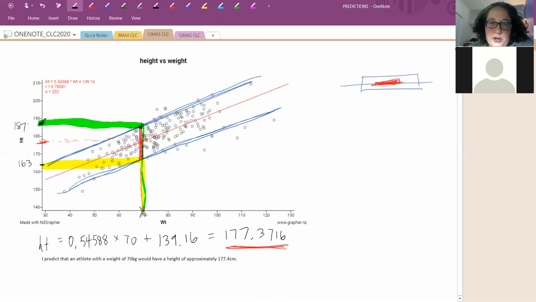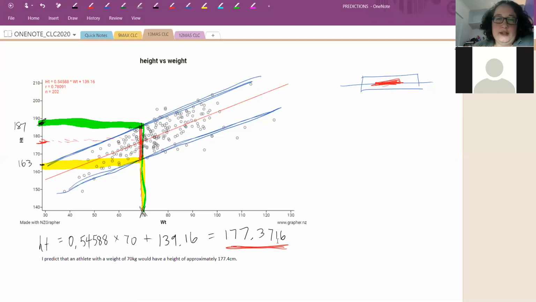So although I have predicted something from my regression line, now I've got a lot more information about my prediction.